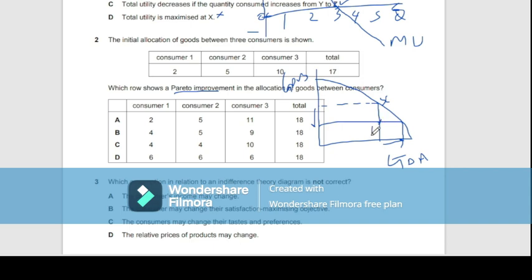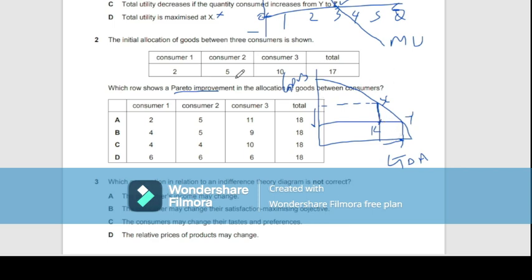Let's call this point K. Now, for us to obtain Pareto improvement, we have to move this way, meaning we can increase production of good A without sacrificing any unit of good B. We can also move this way, meaning we can increase production of good B without sacrificing any unit of good A. That is Pareto improvement.